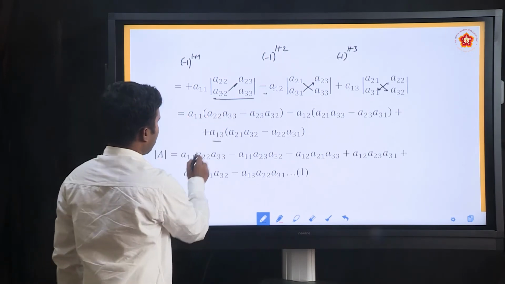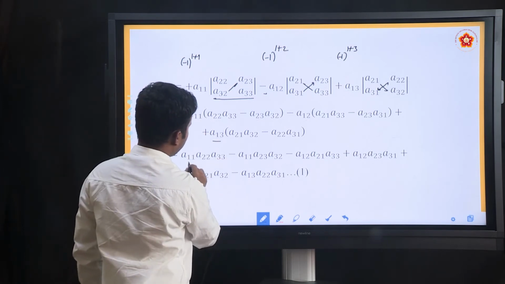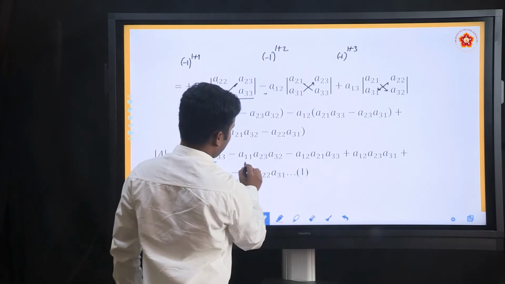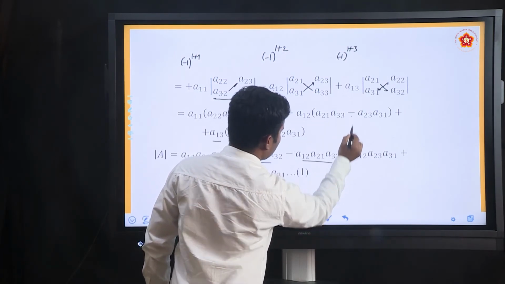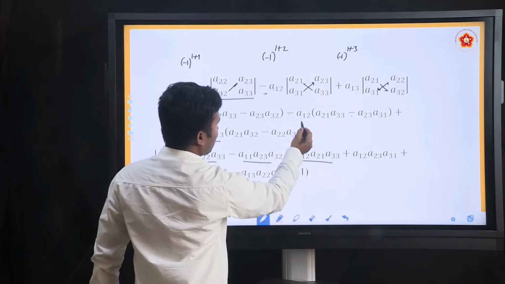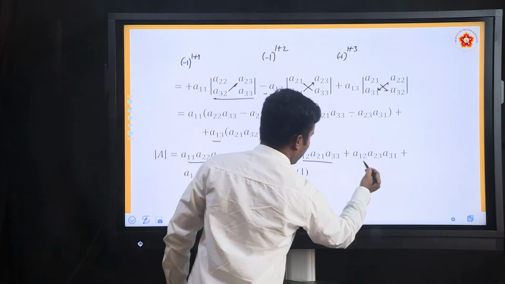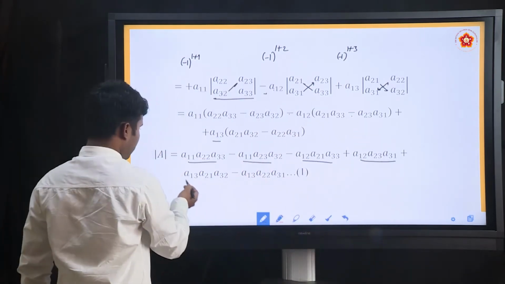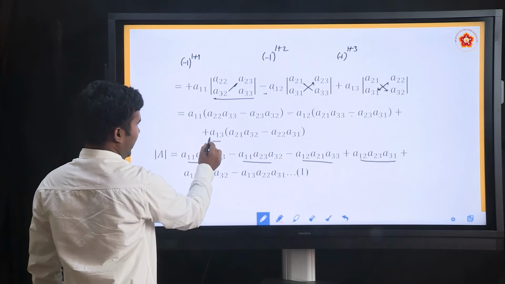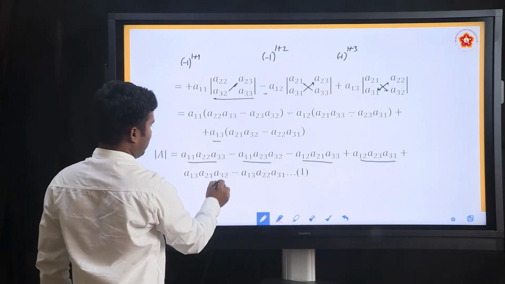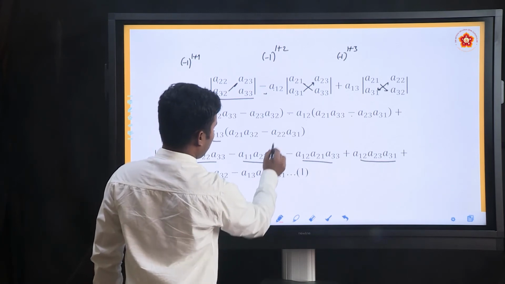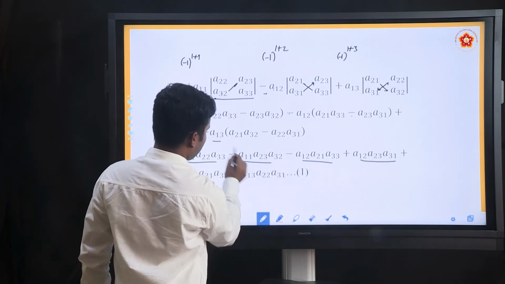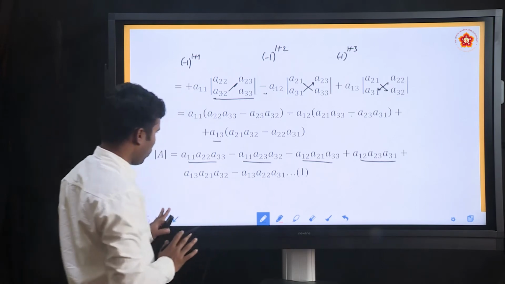So A11 into A22, A23, and minus into minus becomes plus here, and you can multiply A12 to this one. So you will get this, and then plus A13 into A21 into A32 minus A13 into A22 and A31. This is how we multiplied and we call it as 1.